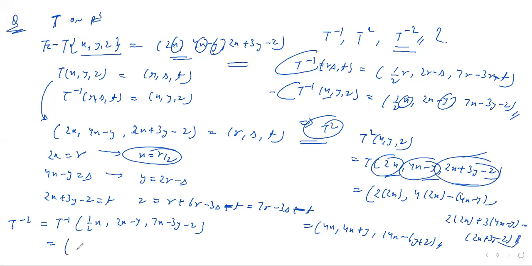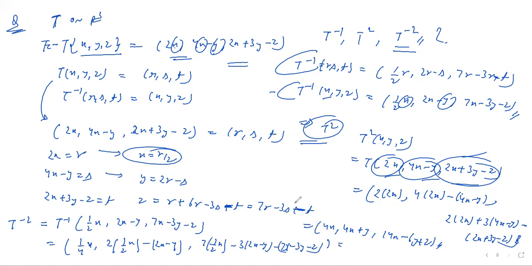Okay, so let's apply it here. 1 by 2 of x would give me 1 by 4 x. Similarly, 2 of 1 by 2 x minus (2x minus y). And the third term would be 7 of 1 by 2 x minus 3 of (2x minus y) minus (7x minus 3y minus z). Let's simplify it.